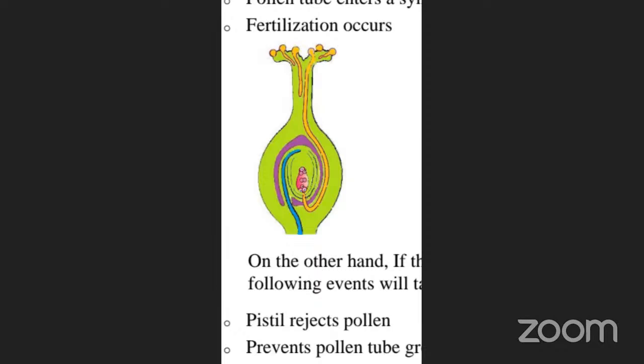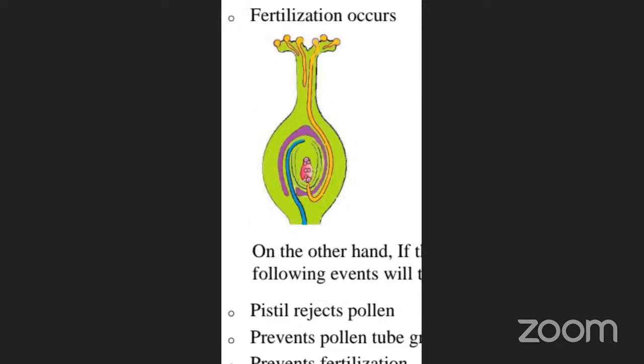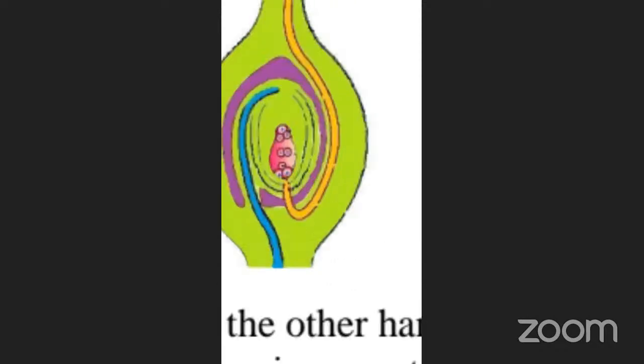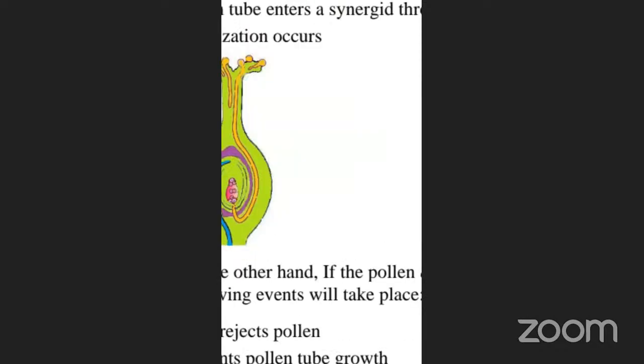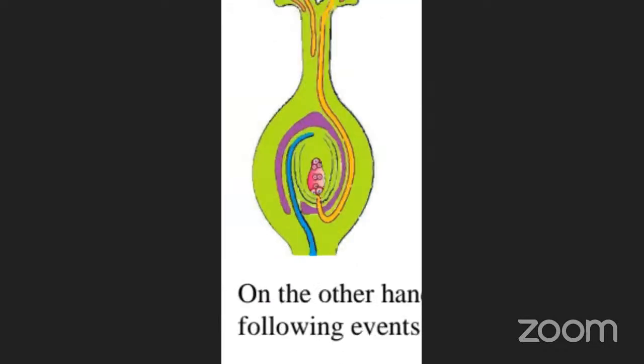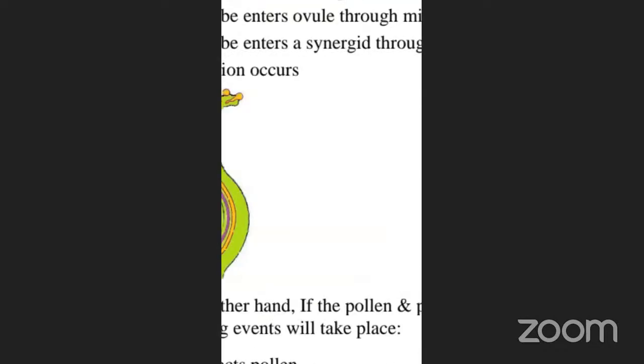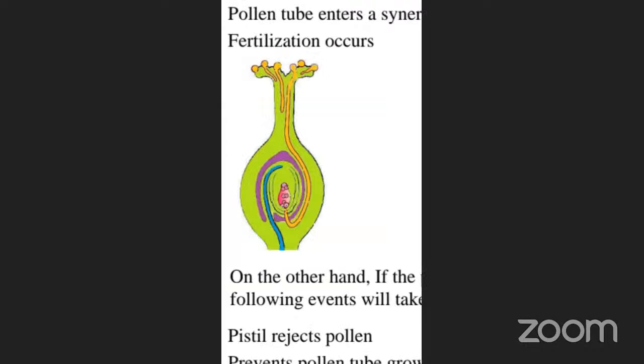First, porogamy. Porogamy means the entry of the pollen tube into the ovule through the micropyle. See the diagram here. This is porogamy.